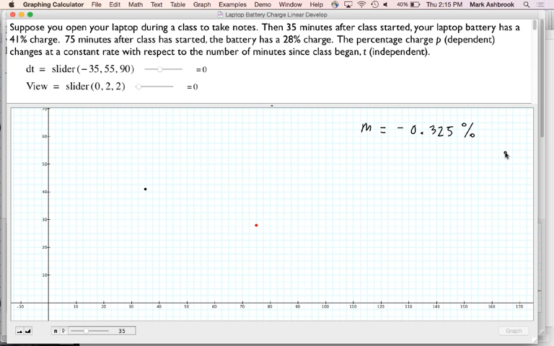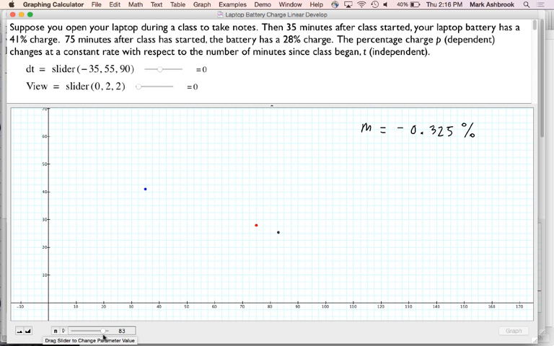Let's jot that down. So now I'm interested in what my battery percentage is at 83 minutes into class. So there's that correspondence point.